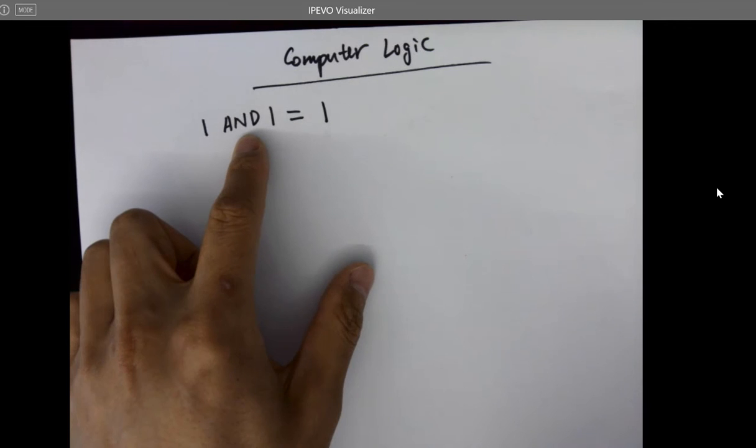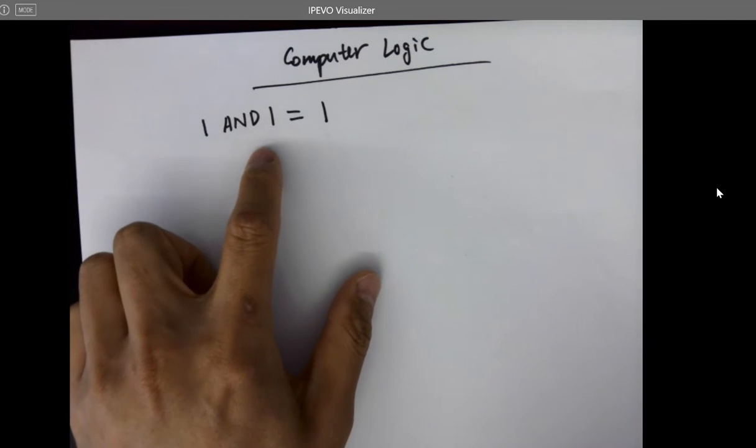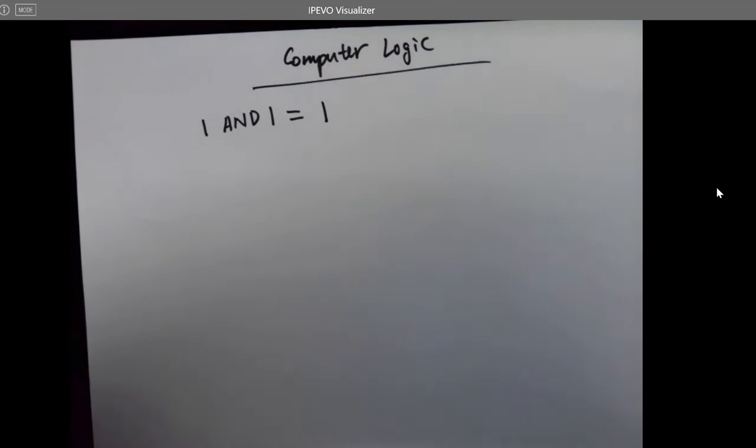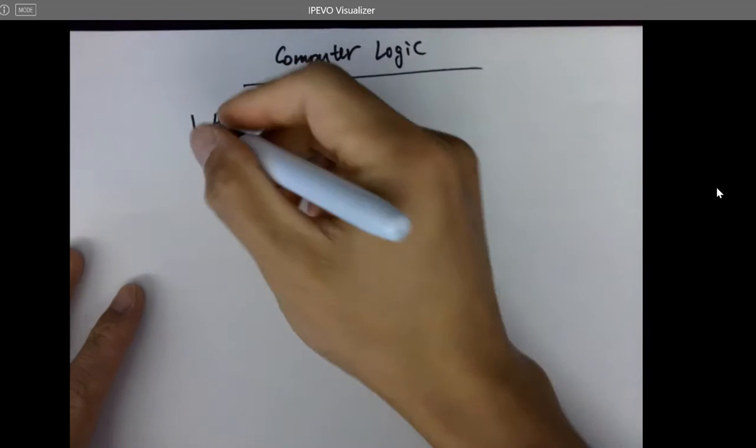It's totally designed by humans. It's 1 and 1. So what does that mean? We have to find some really working examples in your life so you can understand what's going on, right? So you can think about this computer logic in this way.